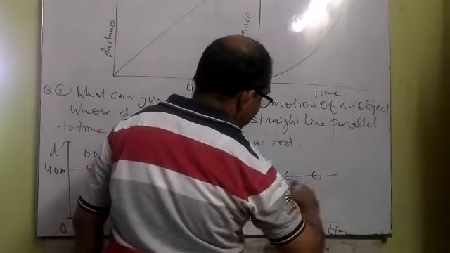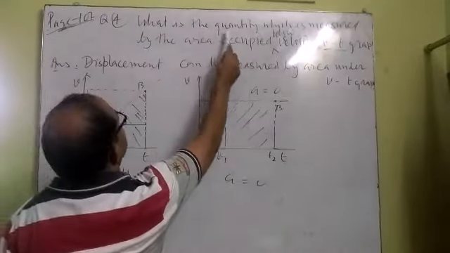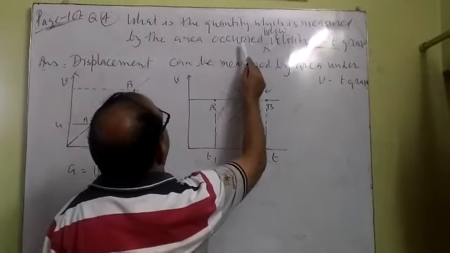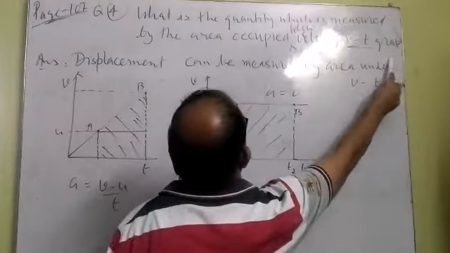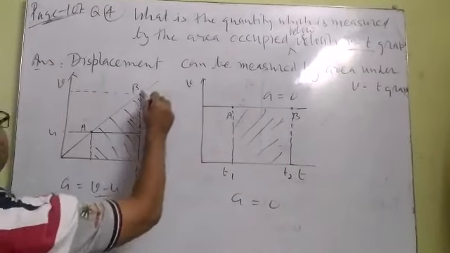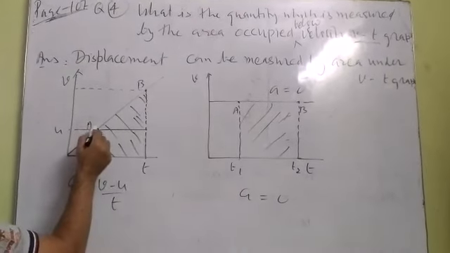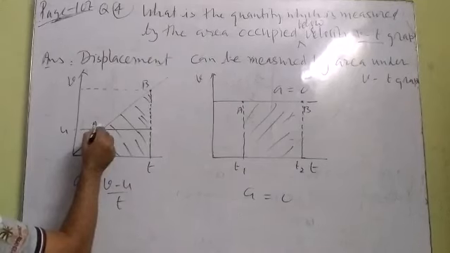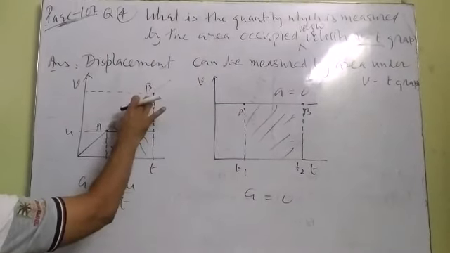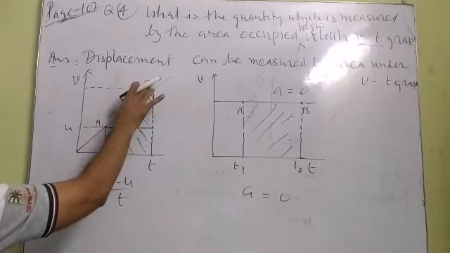Or we can say the body moves with a uniform speed. Question 4 is: what is the quantity which can be measured by the area occupied below the velocity-time graph? Just see, there is a velocity-time graph which is a straight line for uniformly accelerated motion. Suppose the body starts its motion from A to B. Between A and B, we can calculate the displacement by the area under this graph AB.